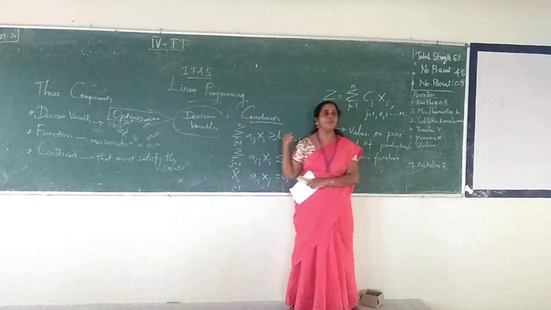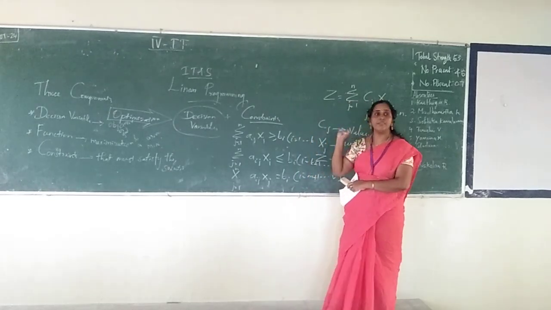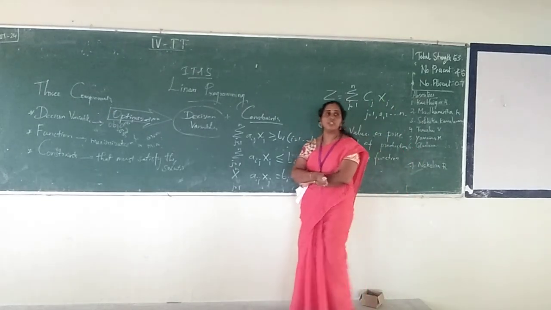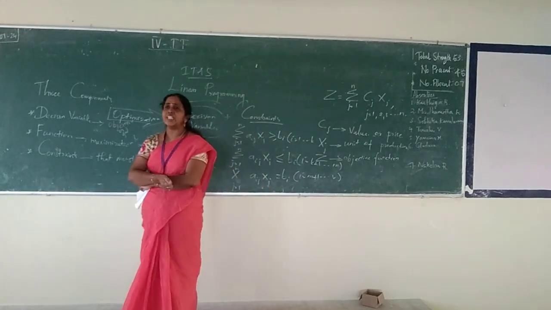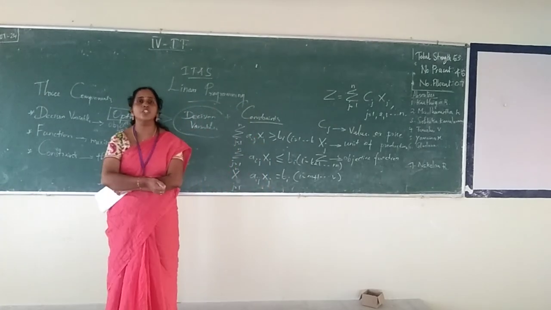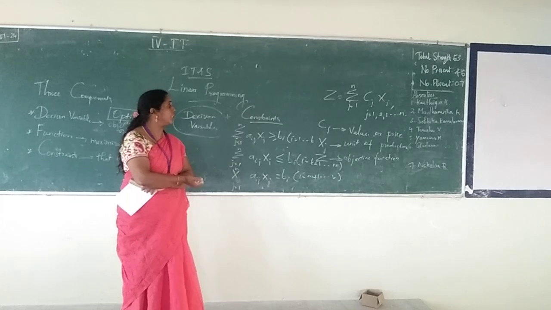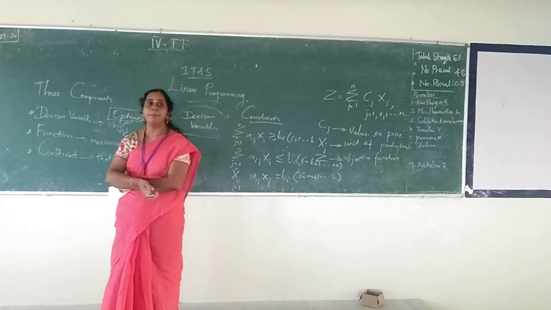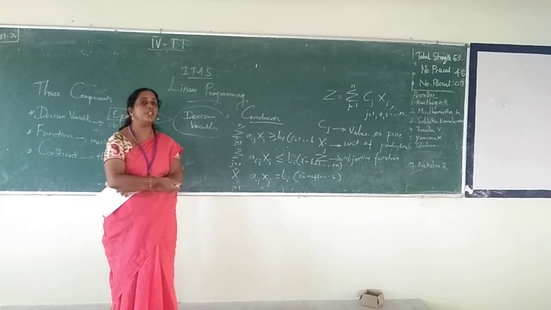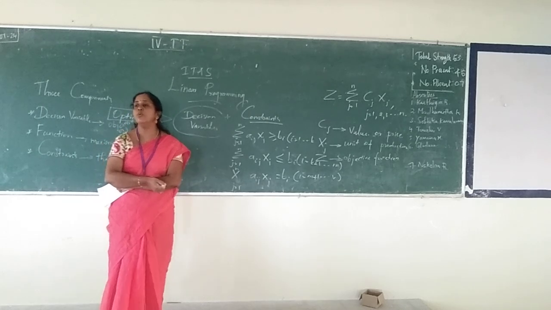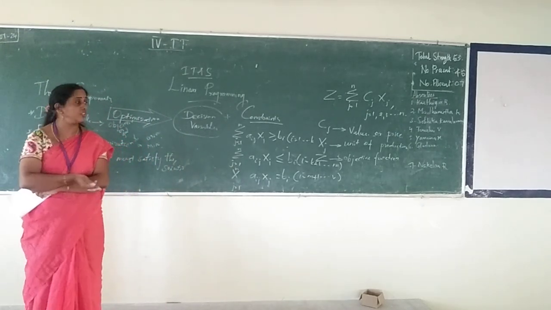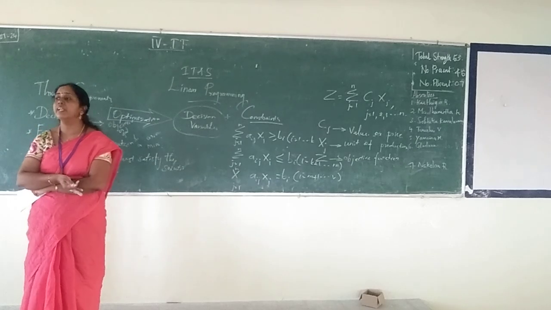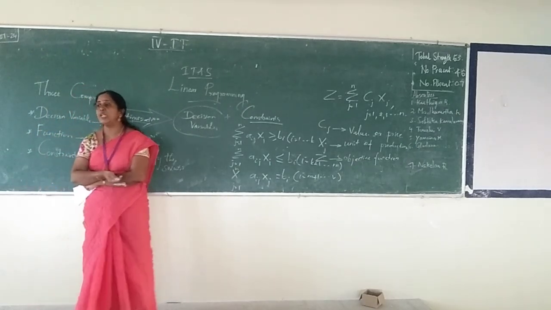This is an example of a linear equation. The linear equation can be written as Z equals sigma cj xj. Here Z represents the objective function, whatever we are going to achieve. Cj represents the value or price. Xj represents the unit of production. To achieve this objective function, we can use various constraints. Here, three constraints are given according to the value of i.